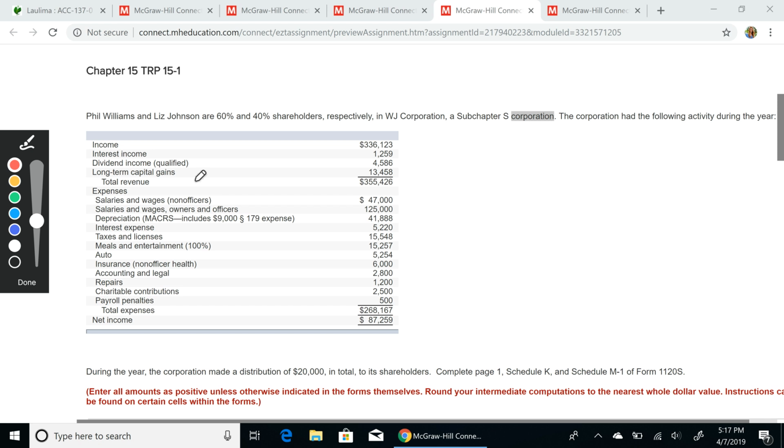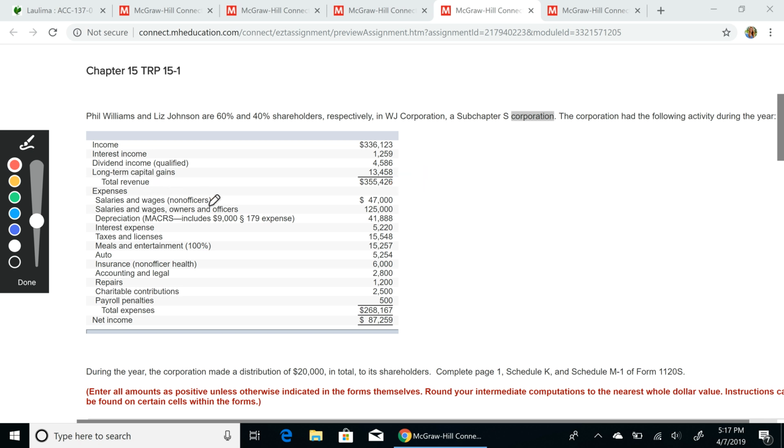So commonly that would be a building that the company is using, right? And if they're not in the business of building buildings and buying, selling buildings, then holding that building is seen as an investment purpose. So when they sell that, capital gain results from when you sell capital assets. So that is all of their income here.